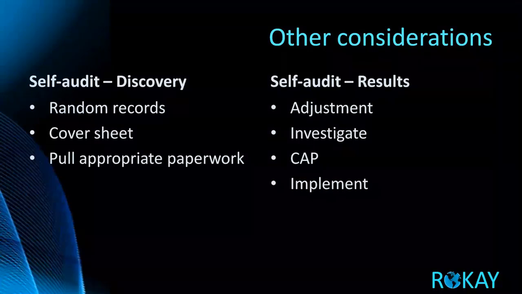Now, I always recommend that you document everything in your self-audit. I've talked to people who recommend that you don't and that you shred everything. I think it's a good idea to have proof of it. So if the auditors come in a real audit and they find an issue, you can say to them, we're on top of our program. Matter of fact, here's what happens whenever we find an issue.